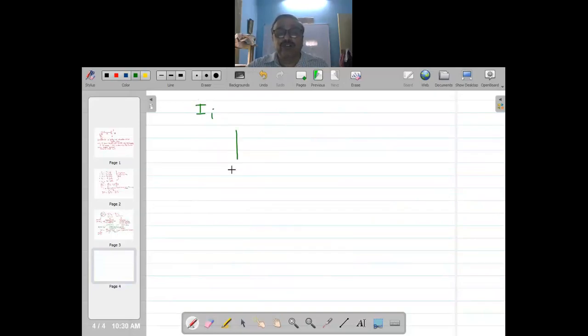Let us say this is between bus number M and bus number N, and this is line I. This line has the impedance, let us say Zi. This is the voltage of bus M, Vm, and this is the voltage of bus N, Vn. So what will be Ii in this case? Ii will be Vm minus Vn divided by Zi.